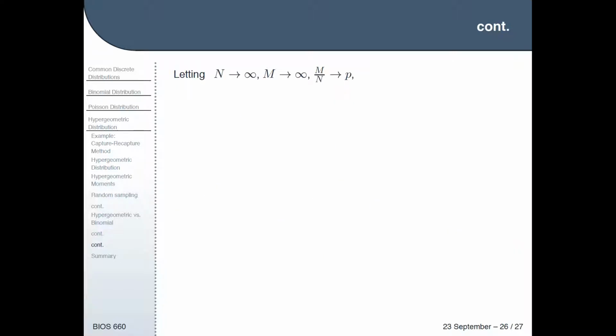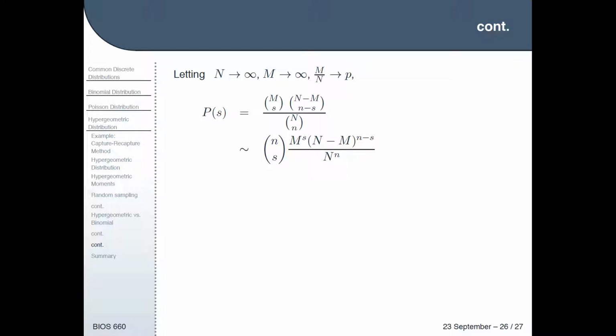At any rate, now we let the sample size go to infinity. The population, the state of North Carolina, is large. We also let the number of registered voters go to infinity because that's large as well, but we assume that as both of these things are getting large, the proportion of tagged items, that is the proportion of registered voters, goes to some constant. Then the probability that we get exactly s registered voters is based on the equation from the previous slide that I probably should have written again.